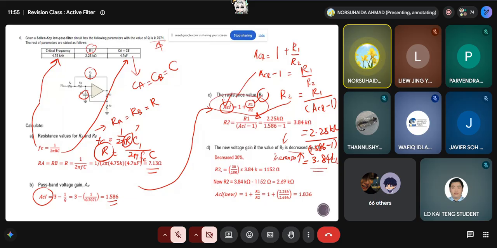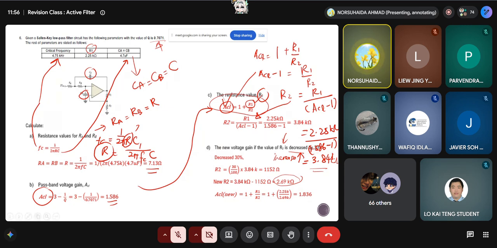So we do the calculation 30% times 3.84 kilo ohms, so we get 1.152. So our new R2 will be, since this is decreased, 3.84 kilo ohm minus 1.152, we got the new value of R2 is 2.69 kilo ohm. It means that our R2 is decreased by 30%.